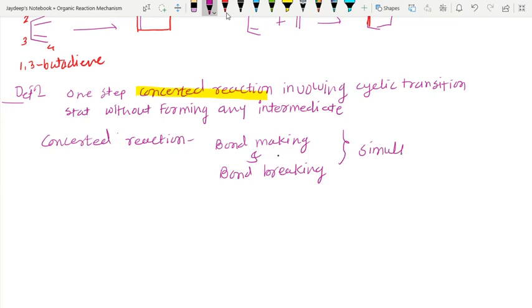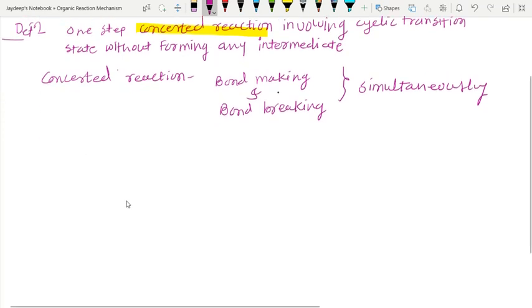Such types of reactions are known as concerted reactions. So this is a one-step concerted reaction which involves a cyclic transition state. This type of reaction always involves a cyclic transition state, either 6-membered or 5-membered, depending upon the molecules.